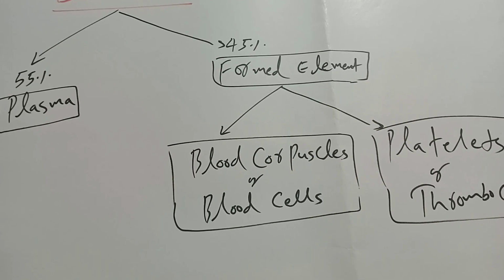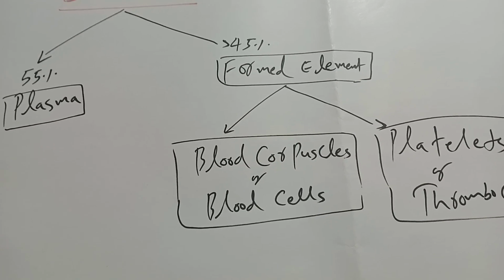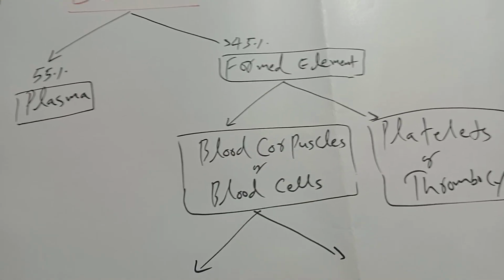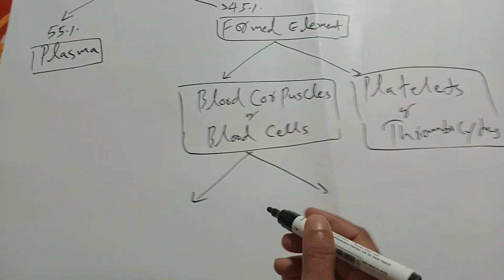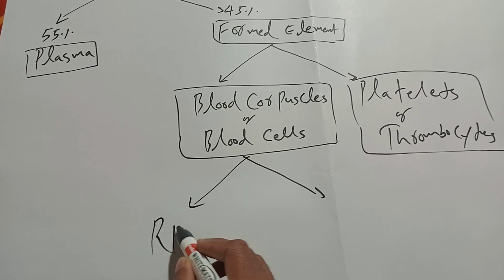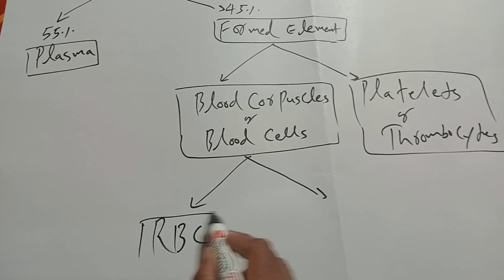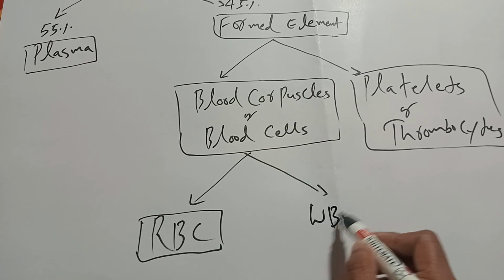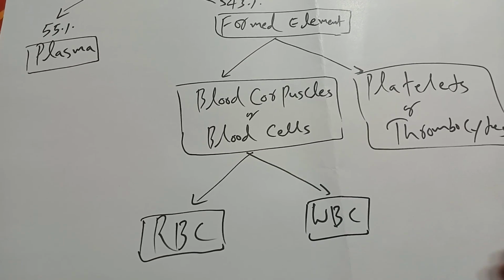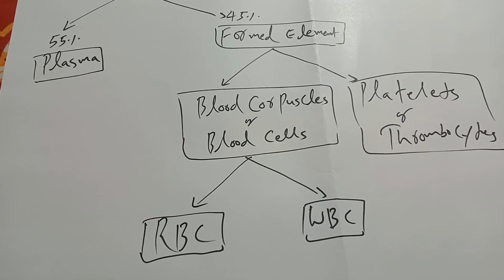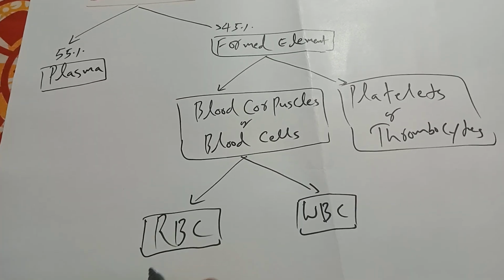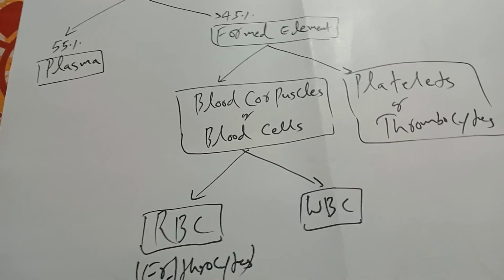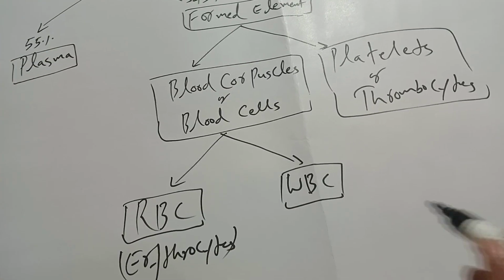Blood cells or blood corpuscles are further divided into two groups. There are two types: red blood cells and white blood cells. Red blood cells are also called erythrocytes, and WBC are also called leukocytes.